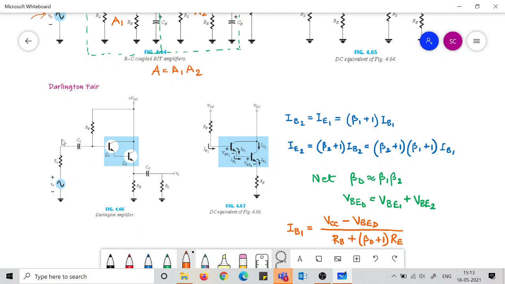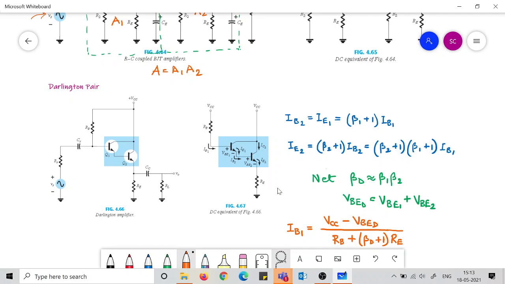But as you know, when we do the DC analysis, this part of the network and this part of the network are not there. We are only considering this part, and this is the DC equivalent circuit.